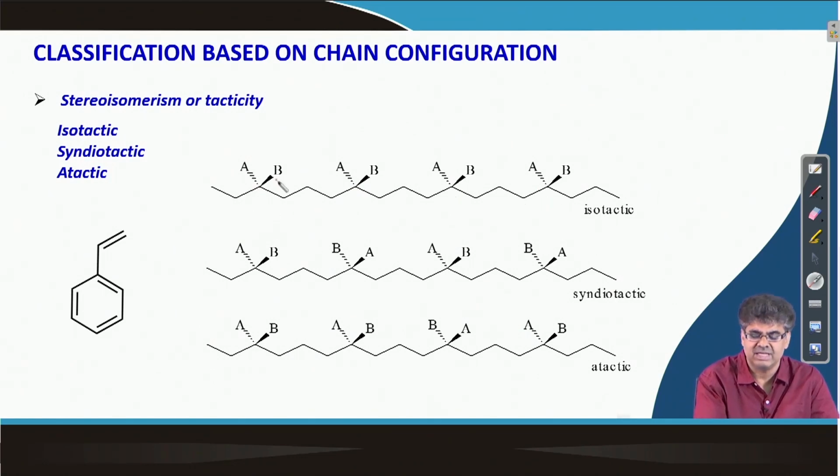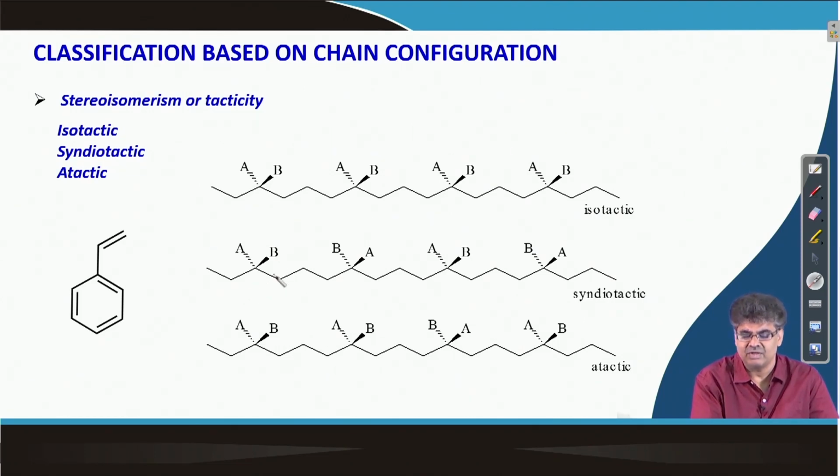Depending upon the stereo arrangement across this asymmetric carbon, this determines the tacticity. For example, in this case we have taken polypropylene, where A and B are a methyl group and a hydrogen. If all the arrangements are the same, we call it an isotactic molecule.